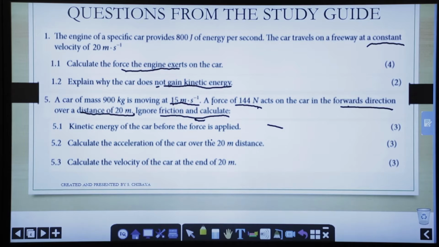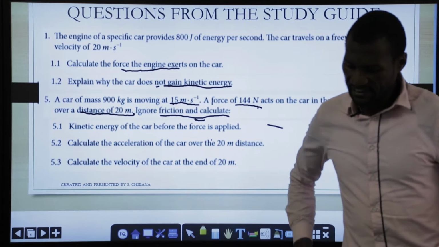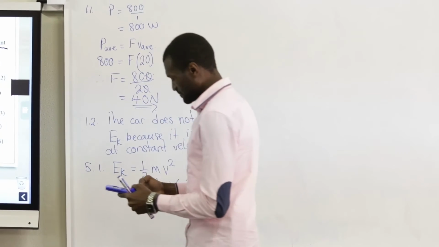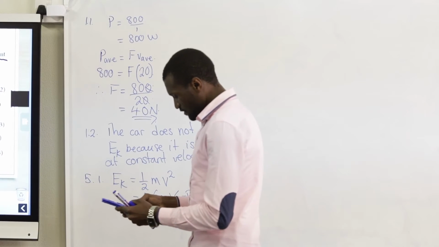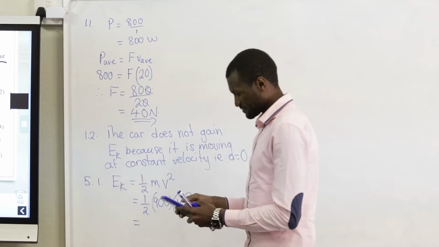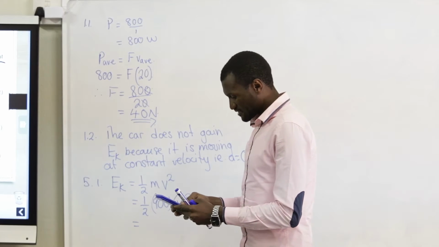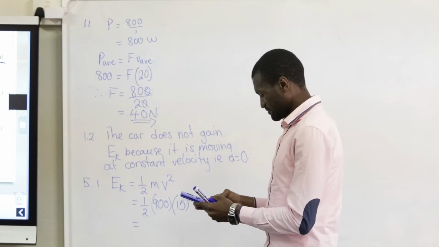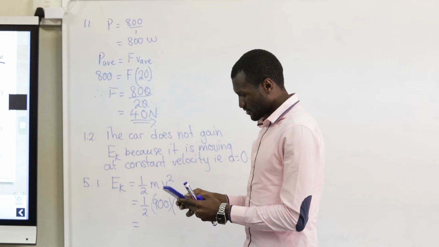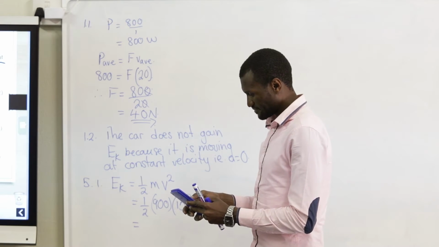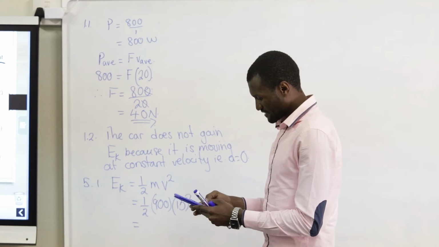You can pull out your calculator. It says a half of 900, which is 450, multiplied by 15 to the power of 2. Right?